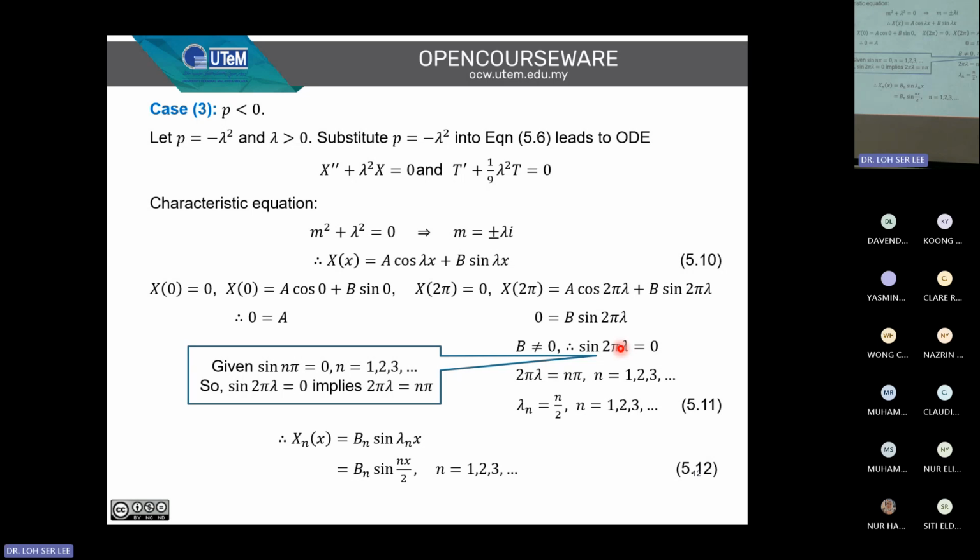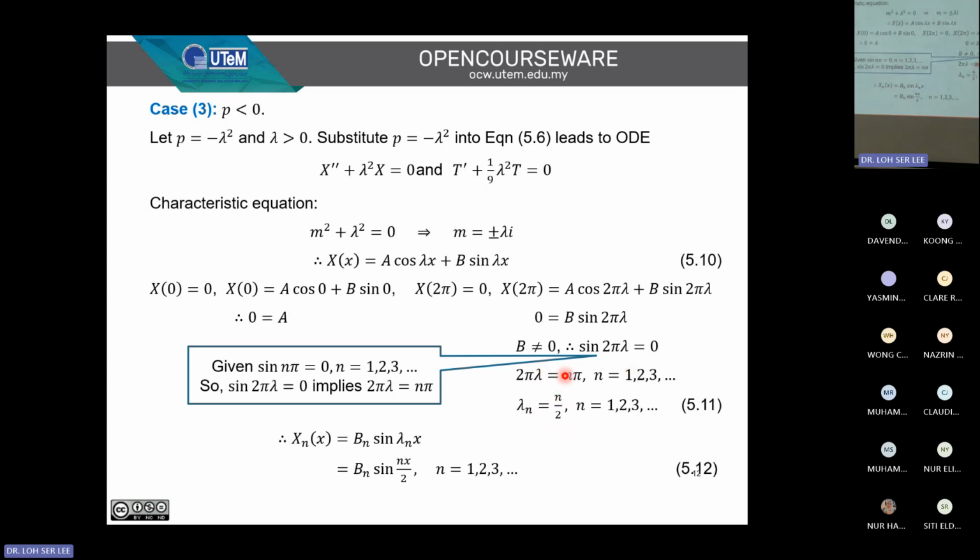Remember, sine n pi equals 0. So you equal the 2 pi lambda to the n pi. Then you can find lambda. Cancel out the pi, you have n over 2.